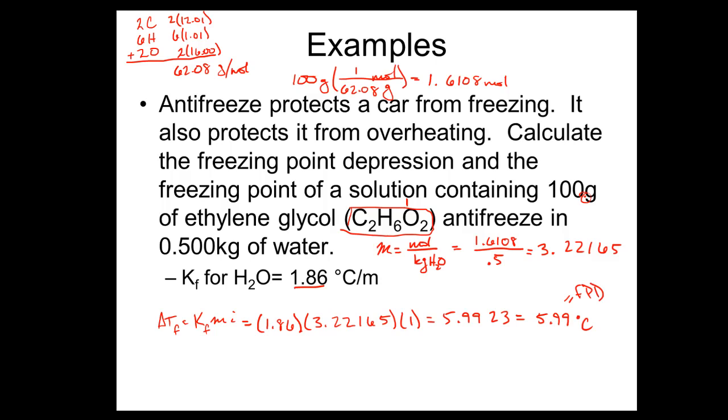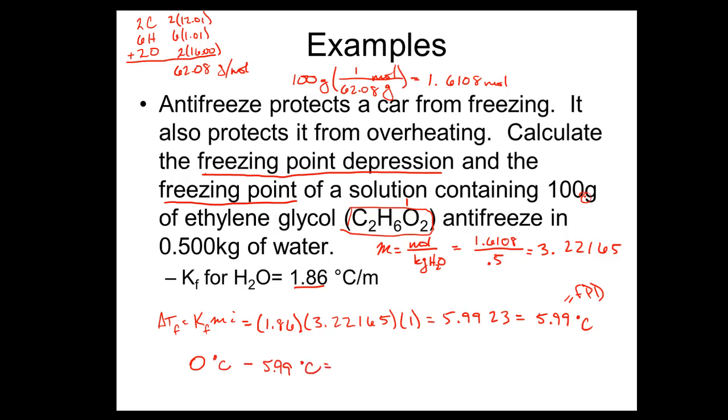So to find the new freezing point, because it asked for the freezing point depression, we found that, and now we also need to find the freezing point. In order to find the freezing point, we're going to start with the freezing point of water, which is 0 degrees Celsius, and we're going to subtract how much it went down. It went down by 5.99. Okay.